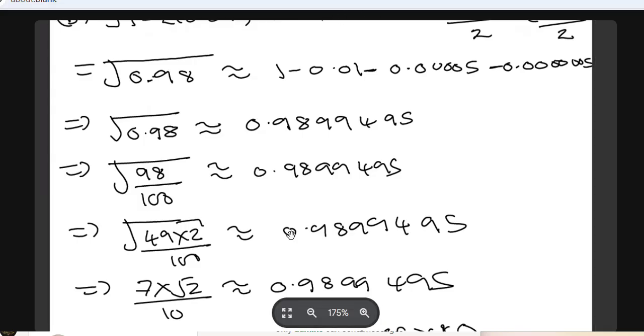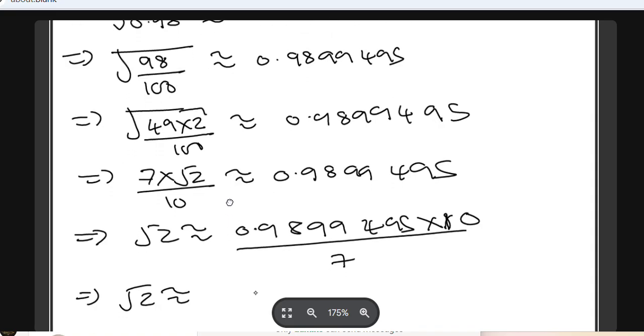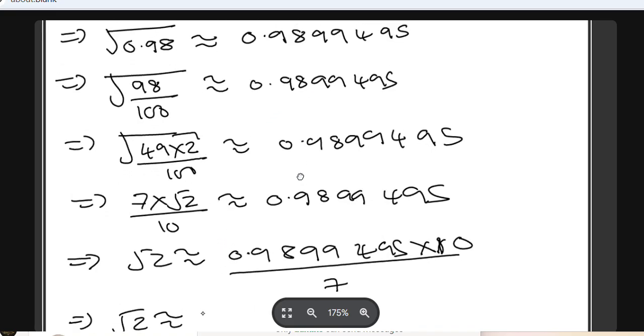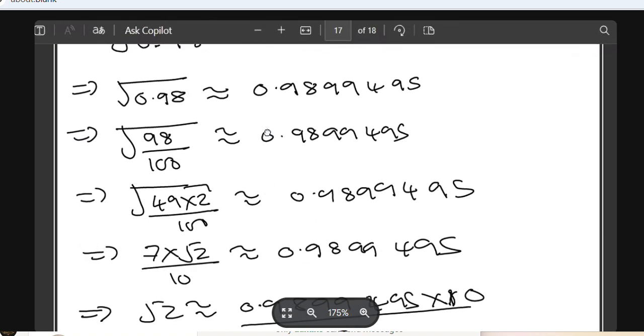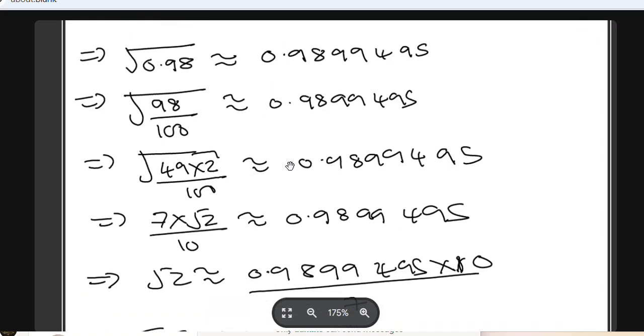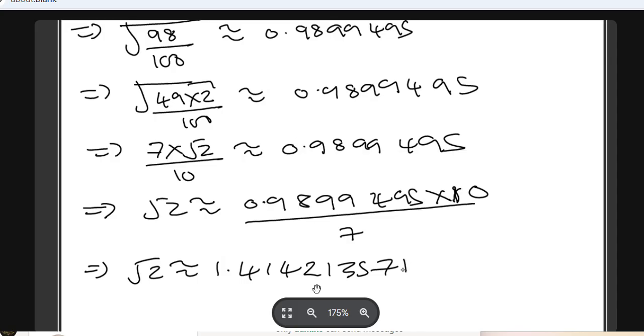So when we compute that, we're going to have square root of 2 is approximately equal to 1.413571. Okay.